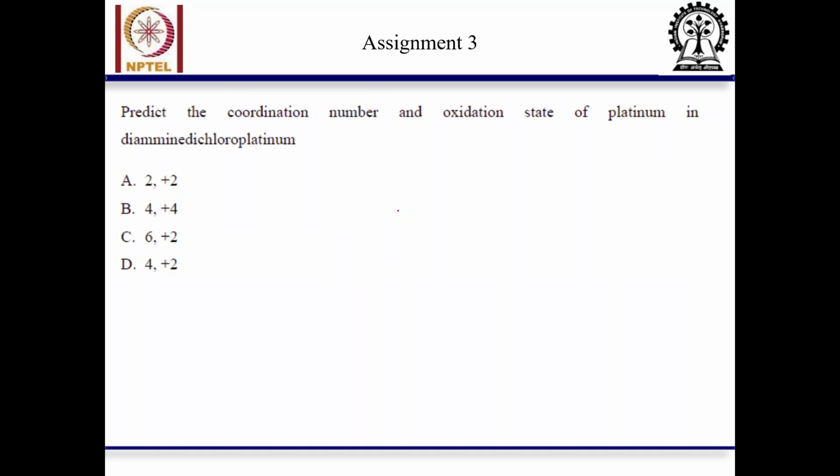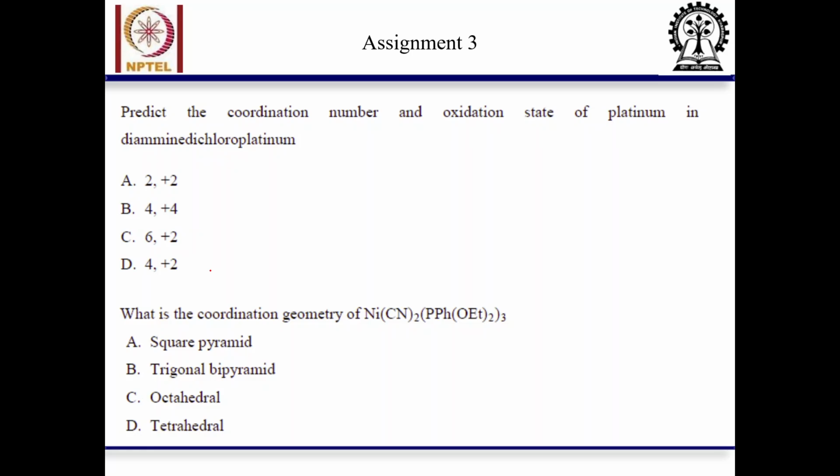Now predict the coordination number and oxidation state of platinum in diamminedichloroplatinum. I think we have already done this. So coordination number is 4, because diammine means 2, dichloro means 2, so 2 plus 2 is 4. I think you can easily tell, like 4 plus 2, right? So I will not go into this because last week I have already done it.